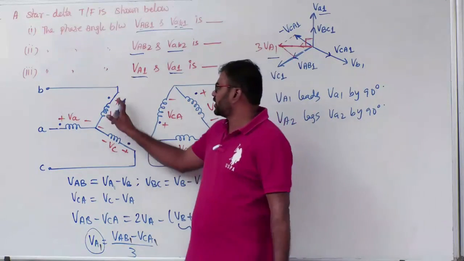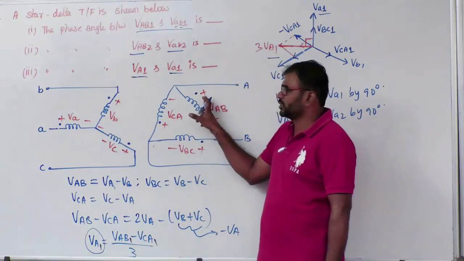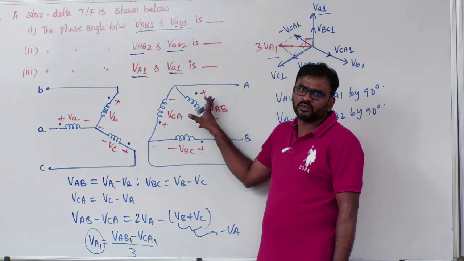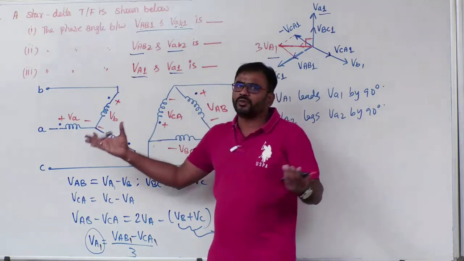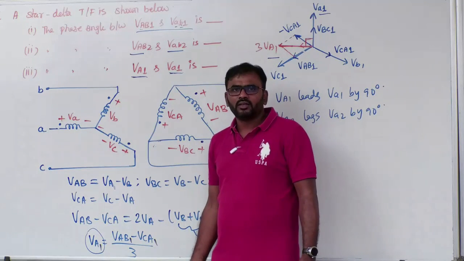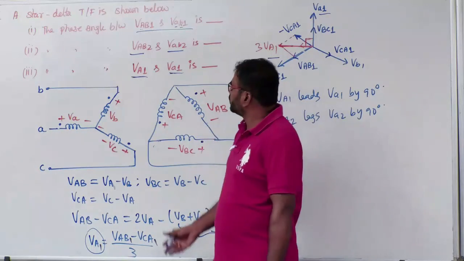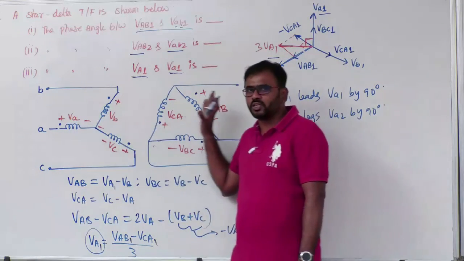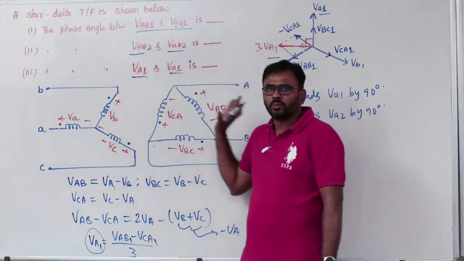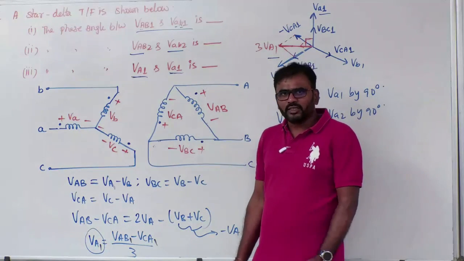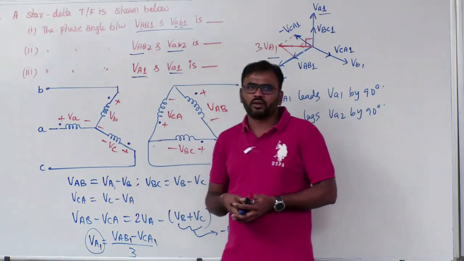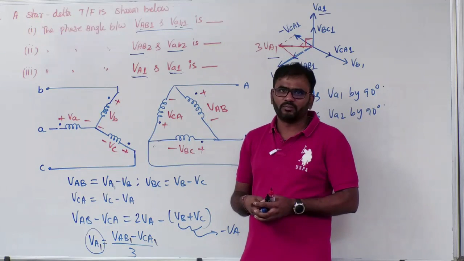But better to take dot side positive here. Here also dot side positive. If I take negative here, here also you have to take negative. Then you can draw the phasor diagram. That's enough. You will get the answer for the relation between positive sequence line voltage in the primary, positive sequence line voltage in the secondary, positive sequence phase voltage in the primary, positive sequence phase voltage in the secondary. And similarly, you can get it for negative sequence voltages as well.